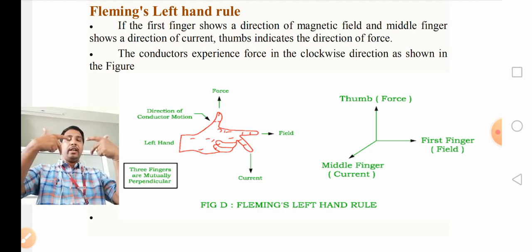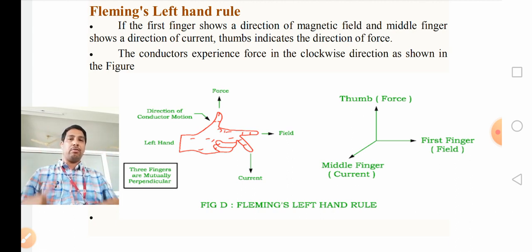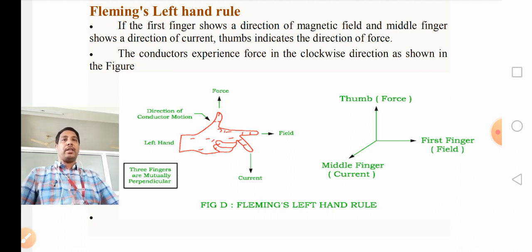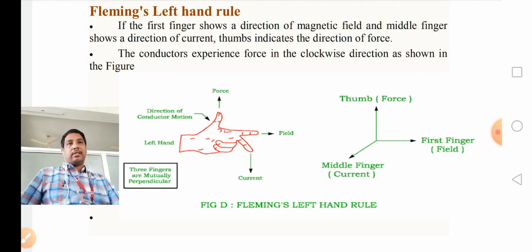Basically everybody gets confused about which rule is for the generator and which rule is for the motor. Here I can give a simple tip. In the spelling of GENERATOR there are two R's.